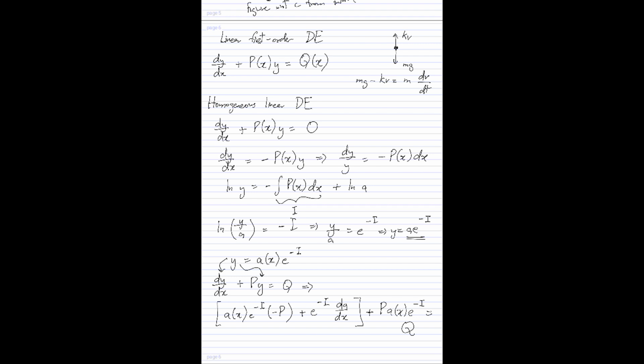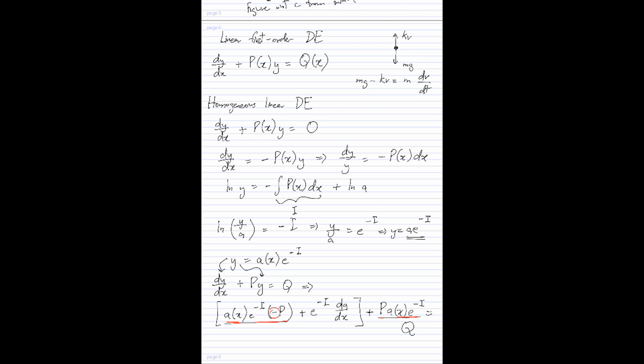Fine, no issues there. Now if you notice, you have a very nice cancellation. This thing is equal to that thing apart from this minus sign.